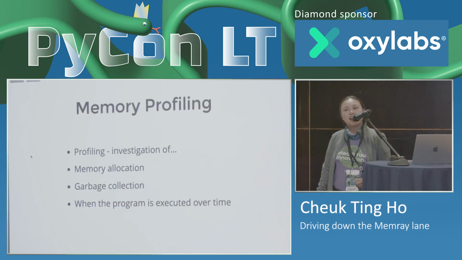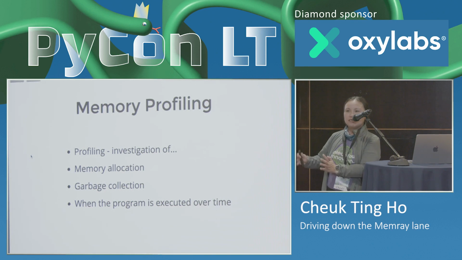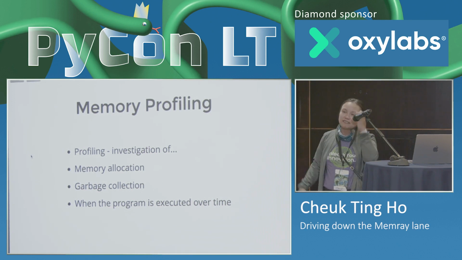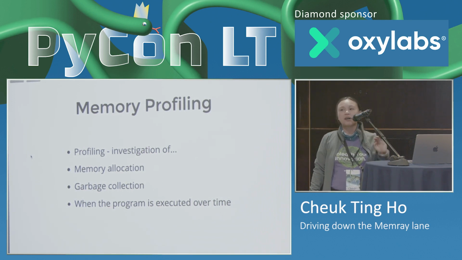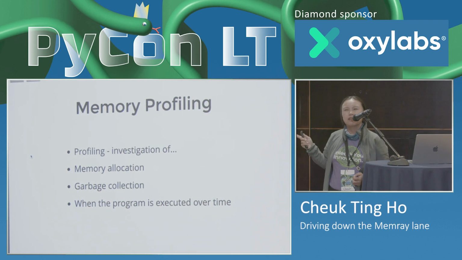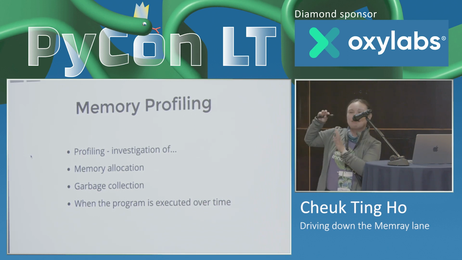Of course, we are talking about memory profiling here, as the name suggests: profiling, plus memory, meaning how much memory your computer is using. A lot of the time, we are talking about the memory allocation of your software. I'll go deeper in the next slide, but when your computer is running the code, it's not just having a box of memory and viewing it.